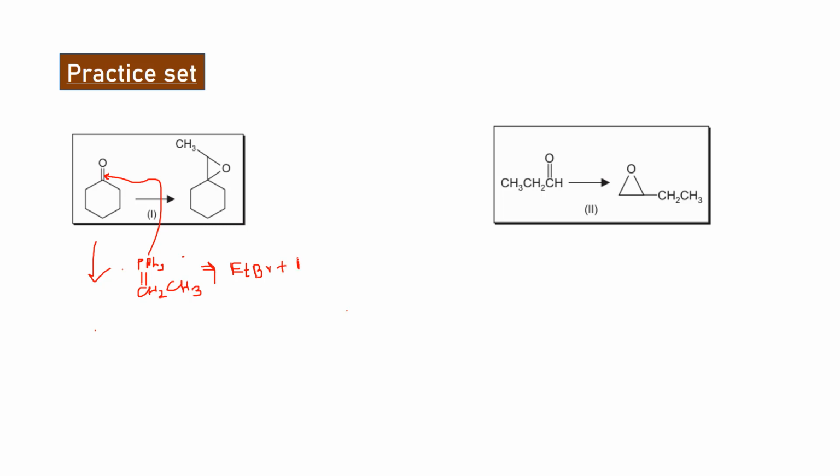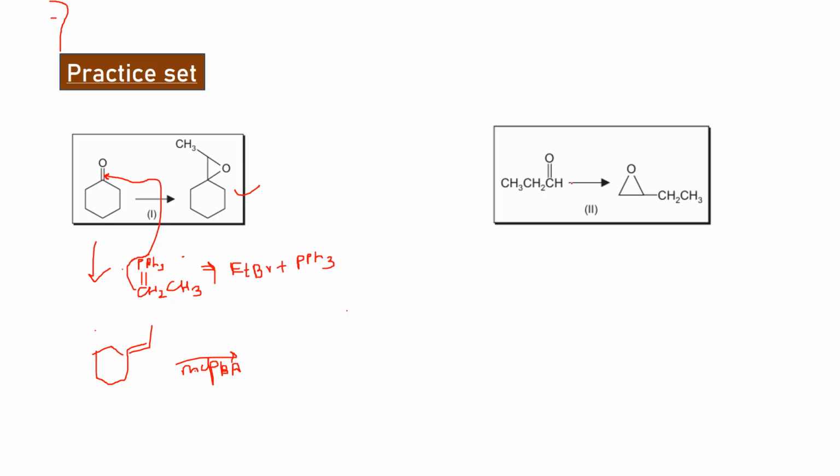This can be prepared from ethyl bromide and PPh3. What will happen? This carbon center will attack this carbonyl center, and it undergoes alkylation and forms this type of alkene. After that, if you add mCPBA, it forms this epoxide as our product.